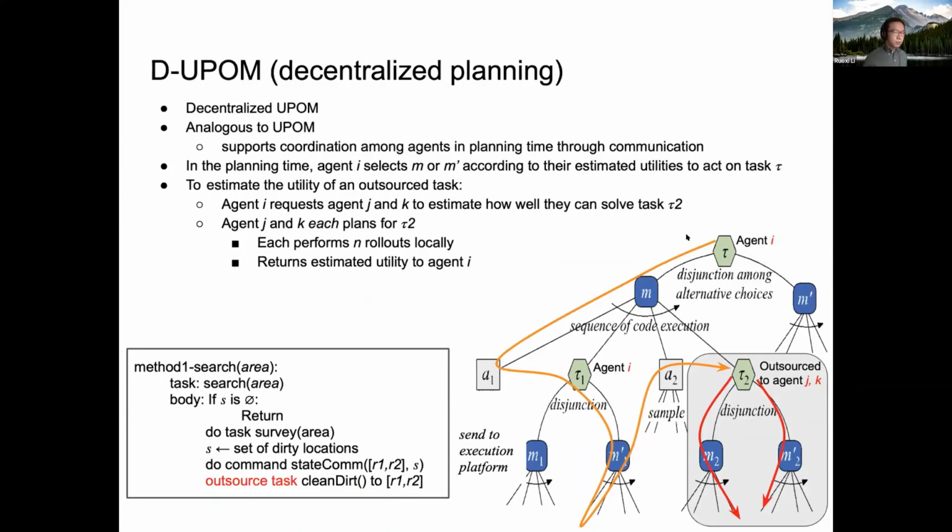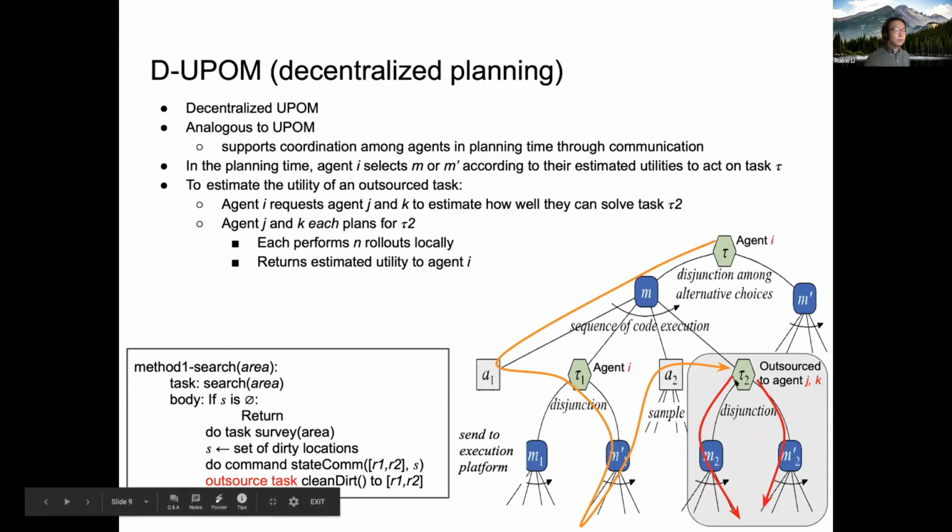Here's an example. So in the planning time, when agent I is choosing from method M and method M prime to resolve this task tau, right? And it does one Monte Carlo rollout, like the orange line shows, but it has no idea how well agent J or K are gonna resolve task tau 2.